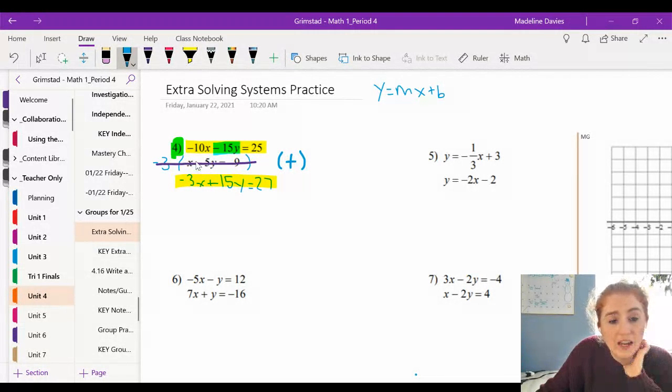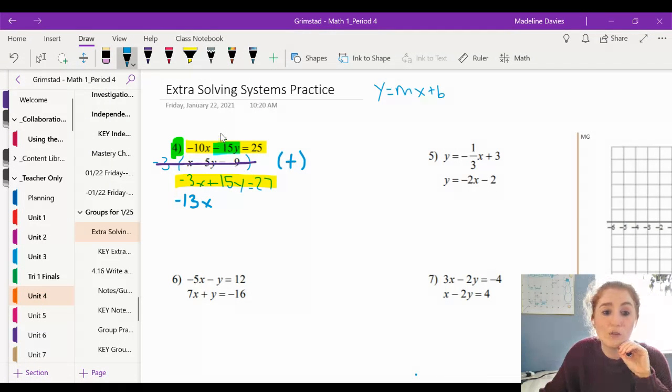I'll start on the left side. So negative 10x plus negative 3x is going to be negative 13x. Negative 15y plus 15y is 0. So that's where our elimination is coming into play, is that I now have a negative and a positive. They can get out of here. So I ignore my y's, which are now zeros.